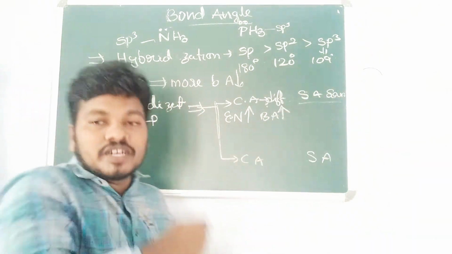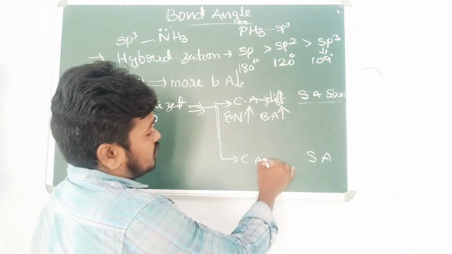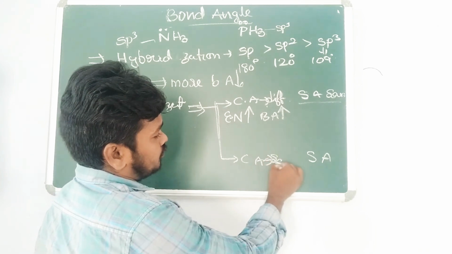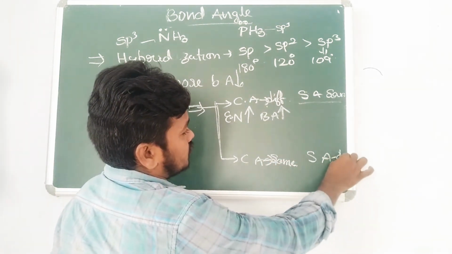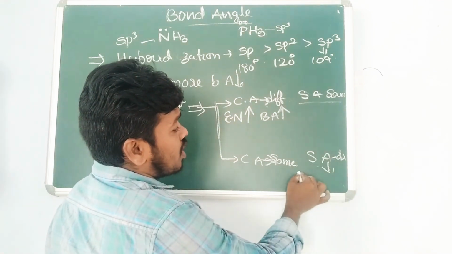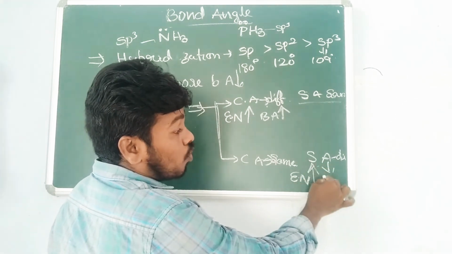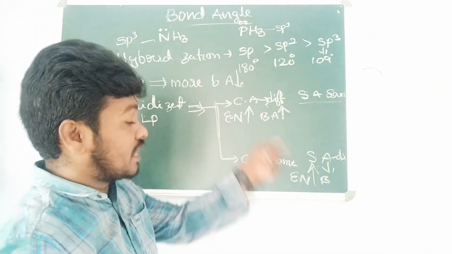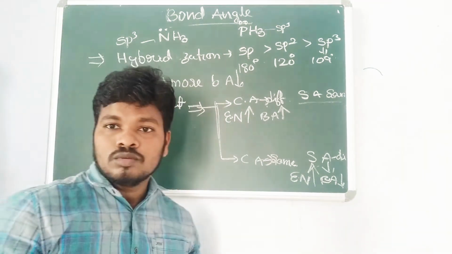Only whatever is different, in that we have to check the electronegativity. In the other case, the central atom is the same and surrounding atoms are different. Here we have to see the surrounding atom electronegativity. If electronegativity is more, bond angle is reversed, it is less. These steps you have to show.